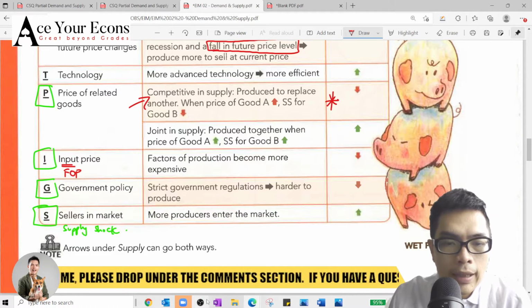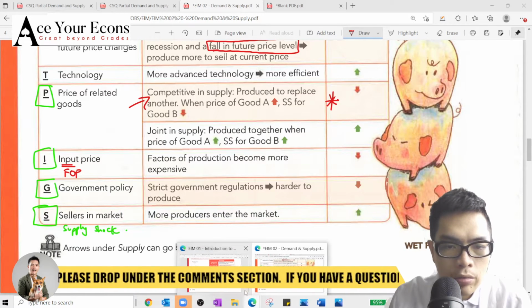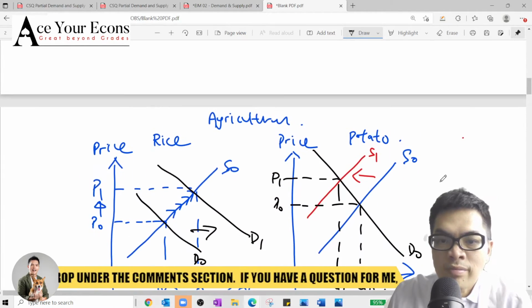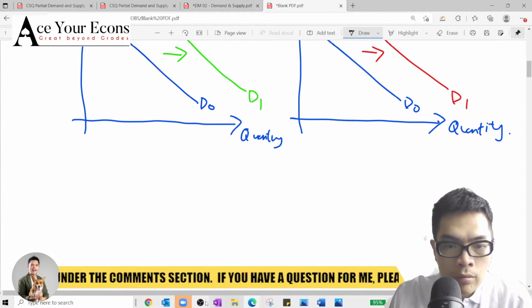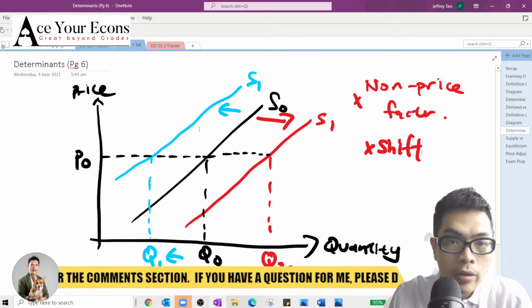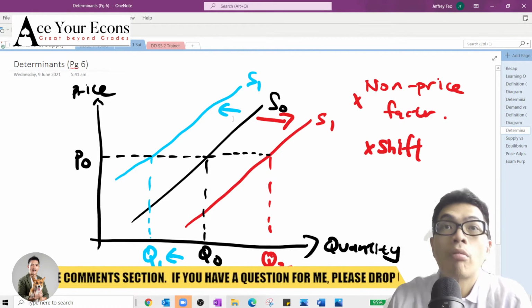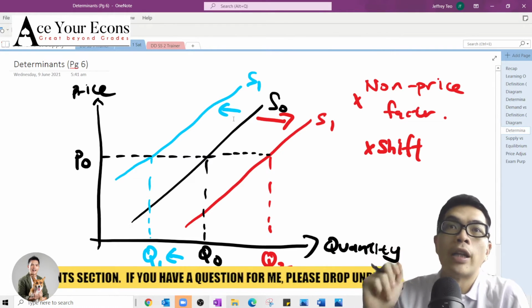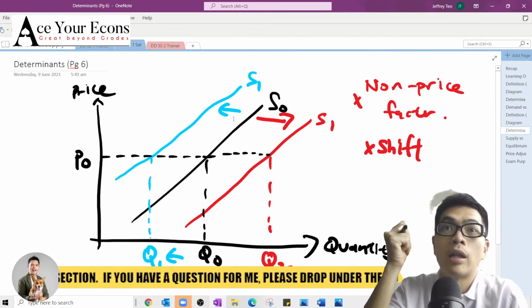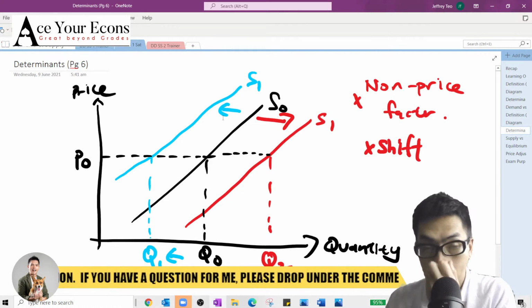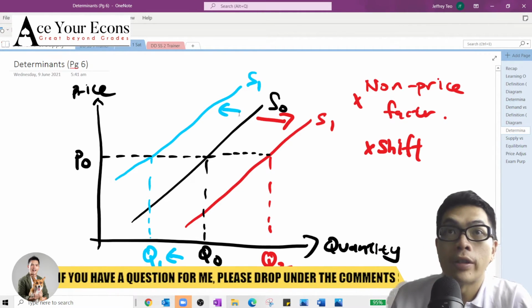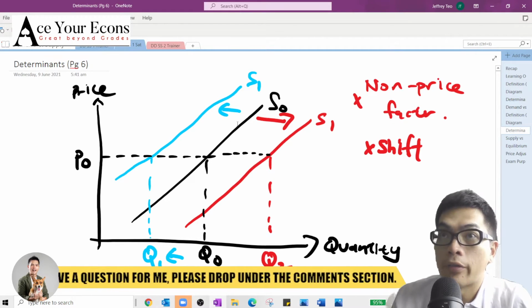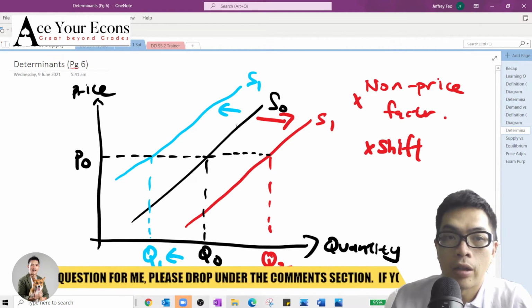A better example that you probably want to illustrate is farming. If the price of fertilizers goes up, or rather the wages of farmers go up, then holding everything the same, your supply curve is going to shift to the left because of higher cost of production.